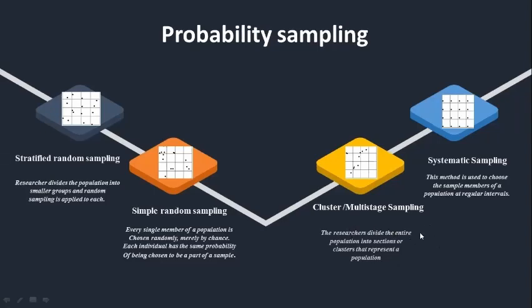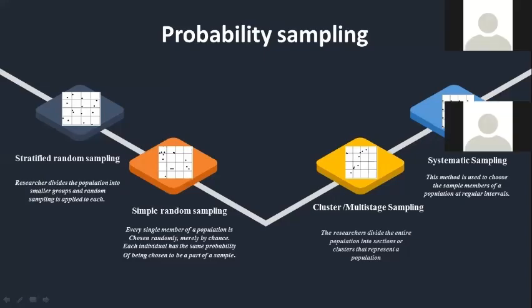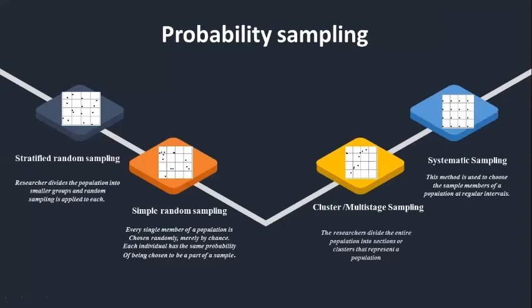Then from those schools, you select a sample of classrooms, and within those classrooms you select certain students. So you are going through multiple stages: students, classrooms, schools, cities. So it is multi-stage. Just like I was saying, it is divided into various sections, and then from each section a cluster is chosen.